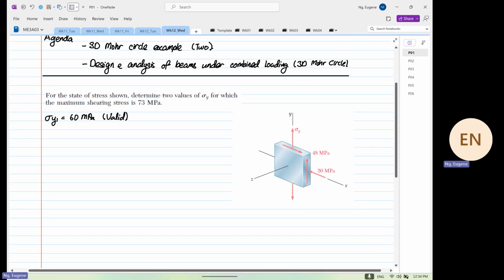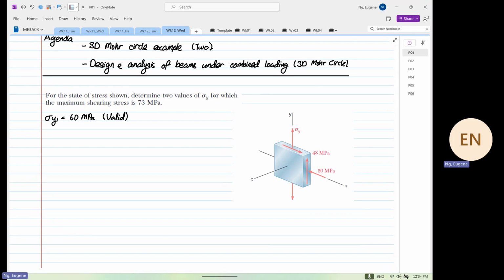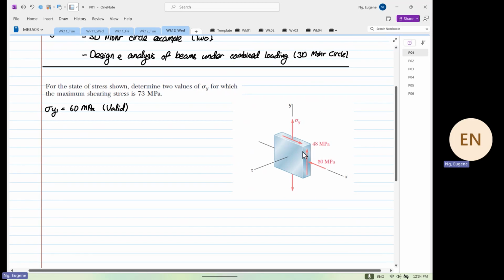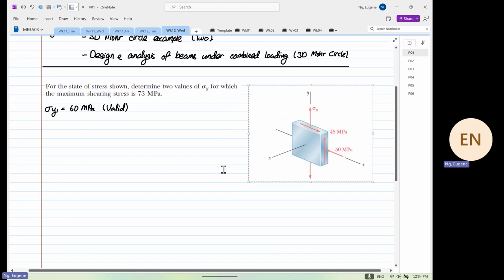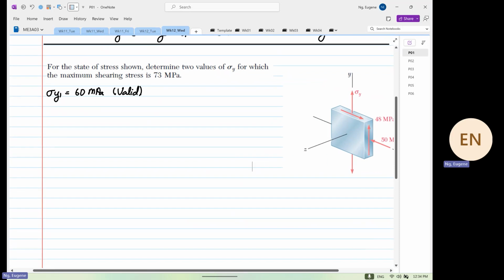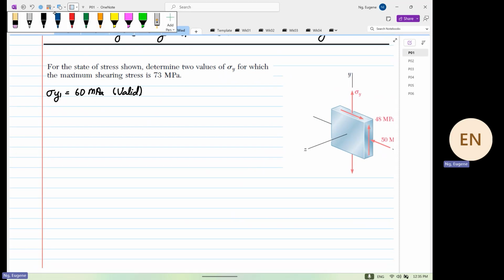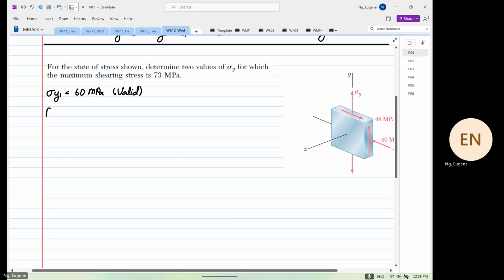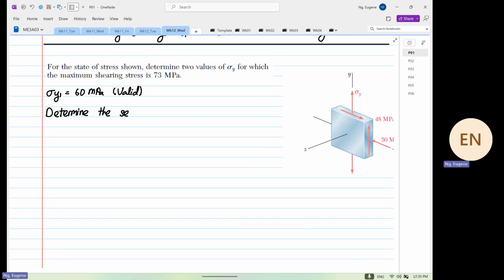So for the next value, we somehow have to figure out the other possibility. Before I go on, we are going to determine the second stress Y value.